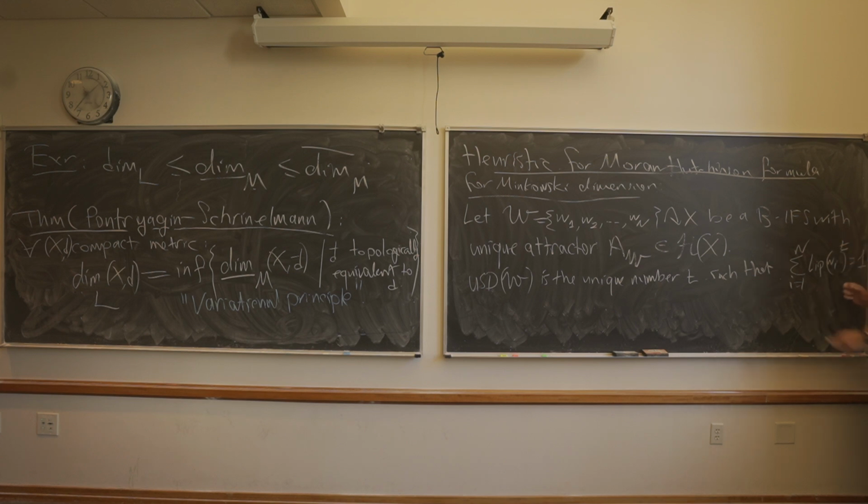We discussed how this has a unique solution T, so that T is the upper similarity dimension. That's a number. In a sense, compared to other notions of dimension, this is rather straightforward to compute. We're just solving an equation, basically.